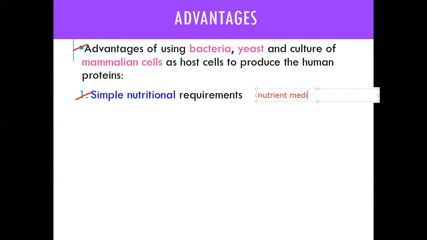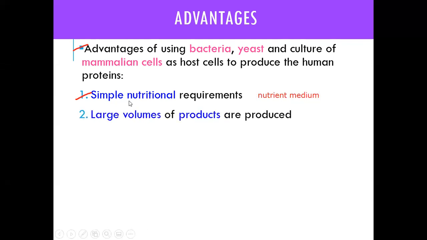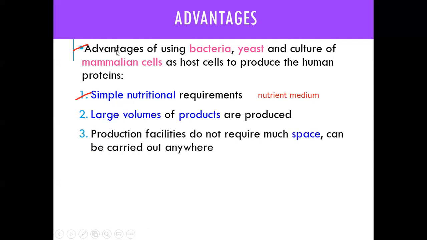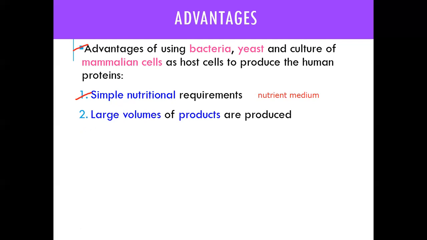So simple nutrient medium, so easy to grow them, and large volumes can be produced. That means, for example, when you grow bacteria in a normal conical flask, we have 1 liter or 500 ml.